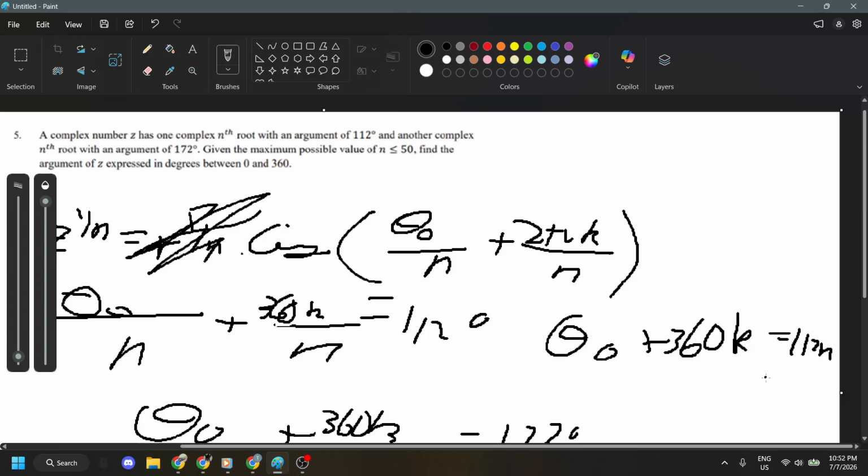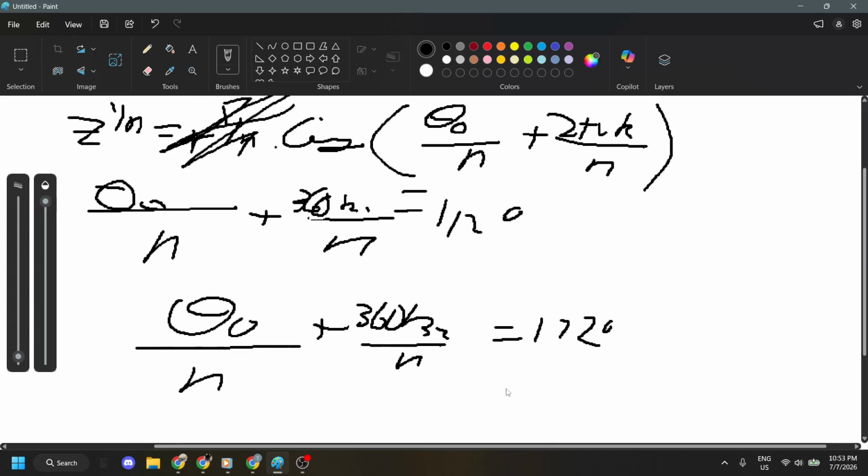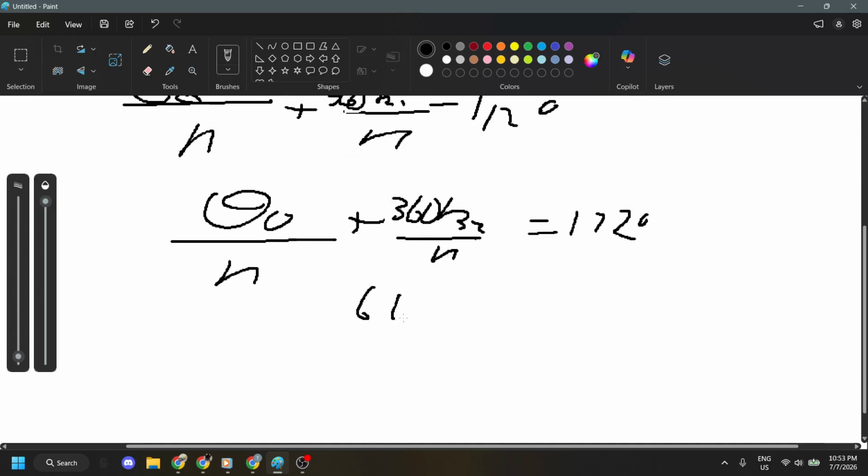If we notice, this is 112n, but this is really 112 plus 360k. Maybe if we subtract these, this has to be k1, this has to be k2, but if we subtract these, we see a difference of 60.